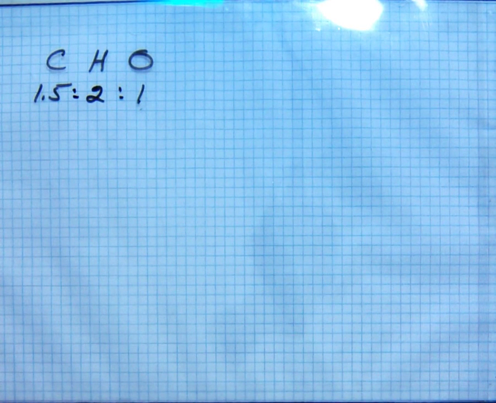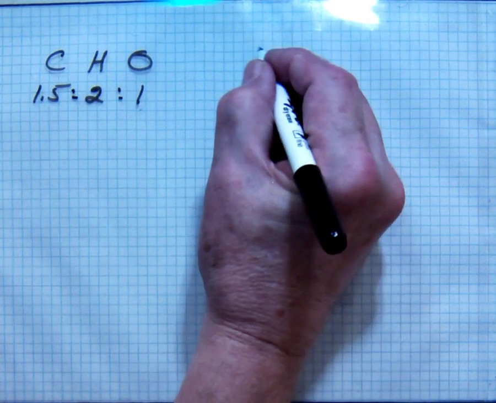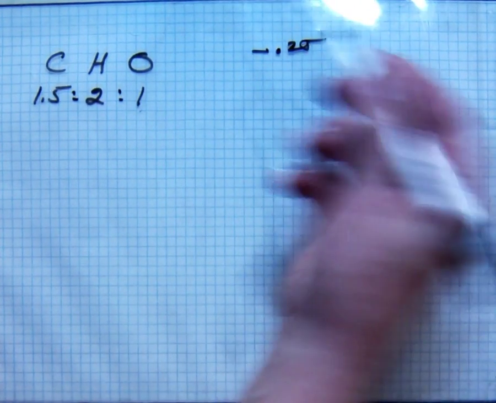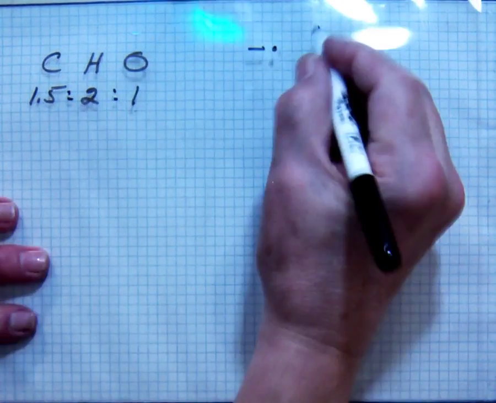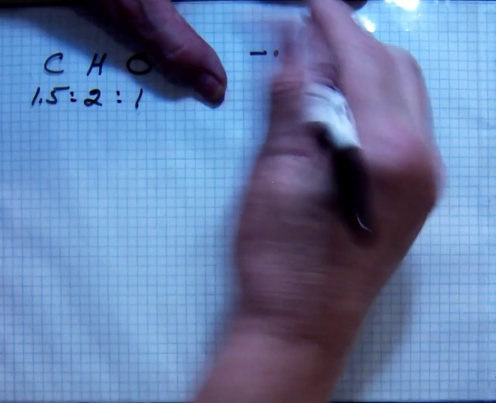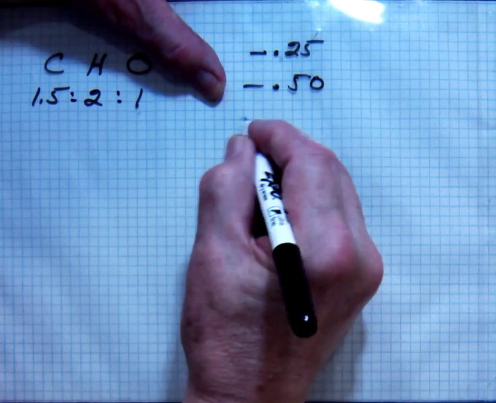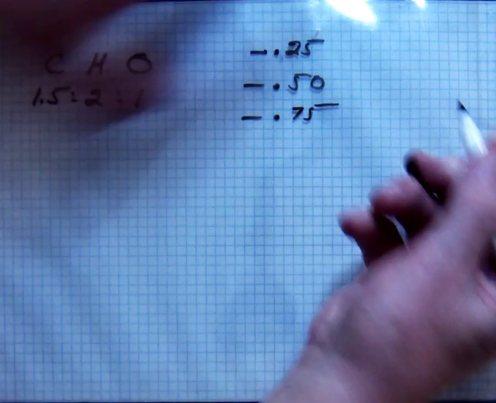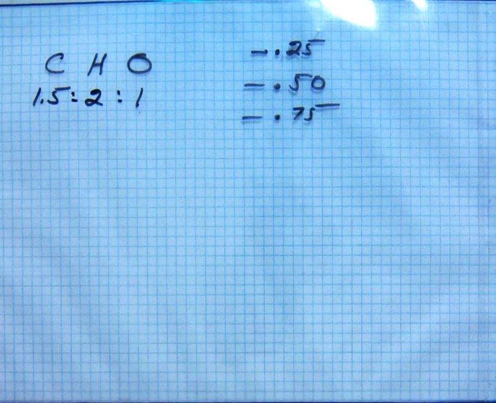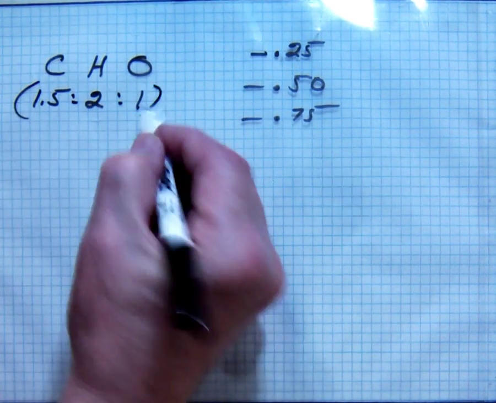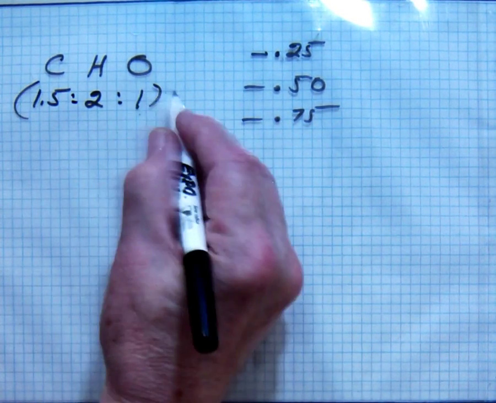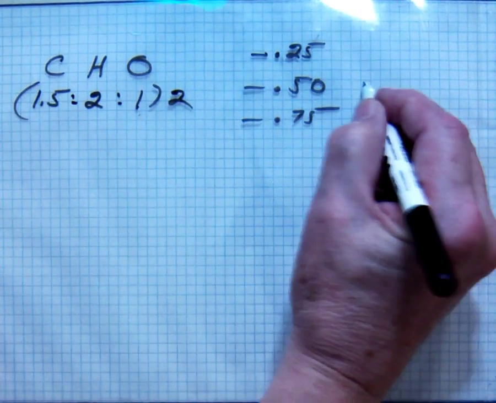You won't get any other ratios; the ratios will not come out like 1.38. They'll come out something like 0.25, 0.50 or 0.75, 1.25, 1.75 or whatever. If you get that, you can scale this up, in this case, multiply by 2.